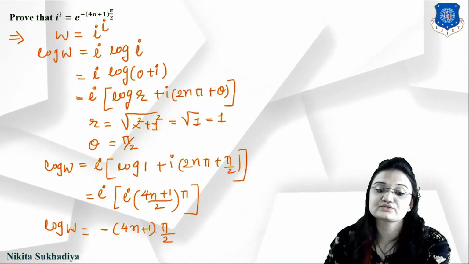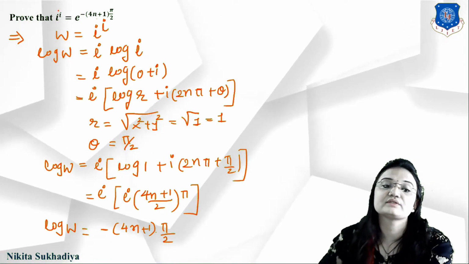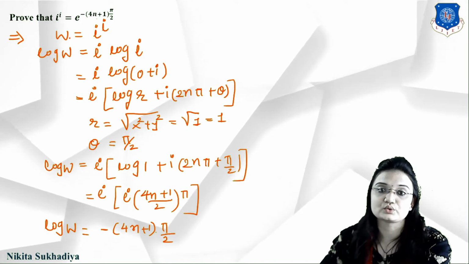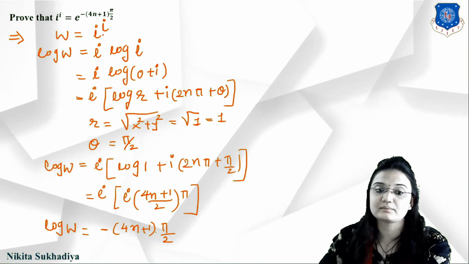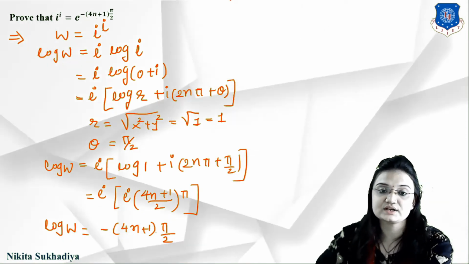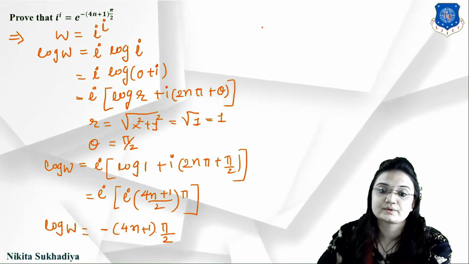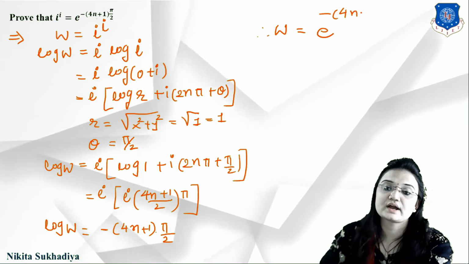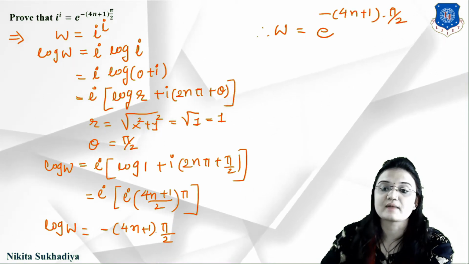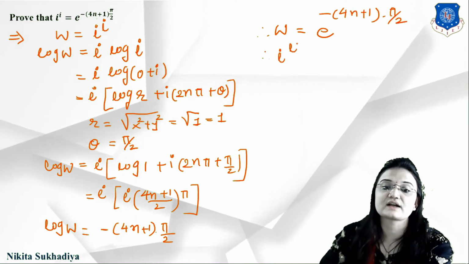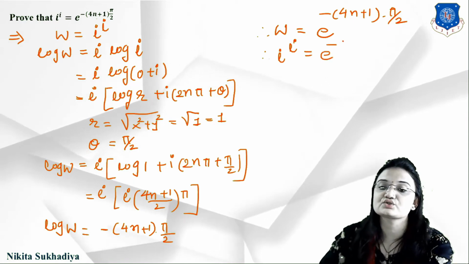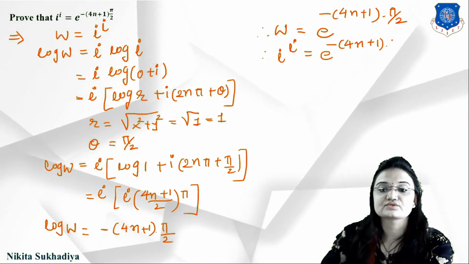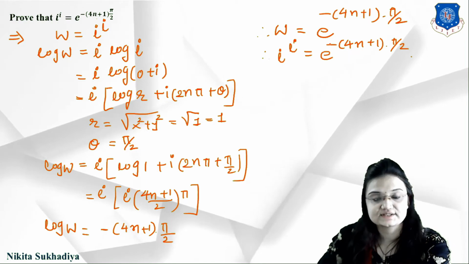But this is the answer for log w, and we have to find the answer for w, because we have taken w equal to i raised to i. So w will become e raised to minus (4n + 1)π/2, and i raised to i is equal to e raised to minus (4n + 1)π/2, which is our proof.